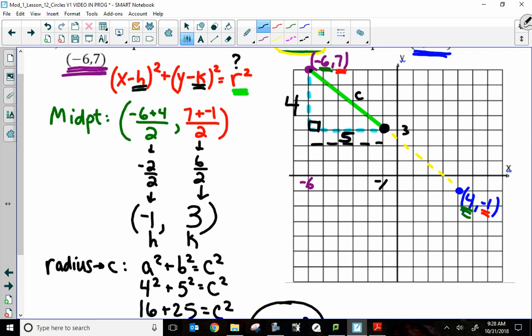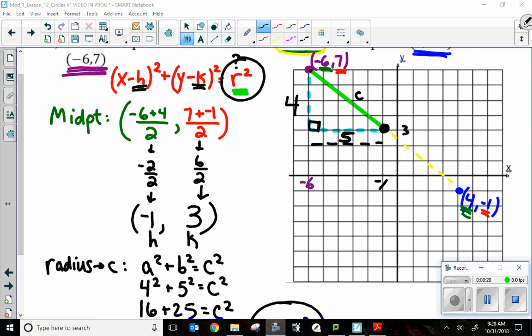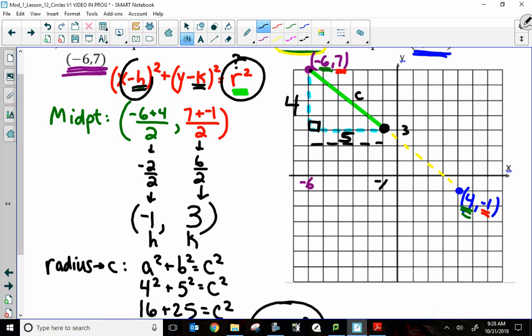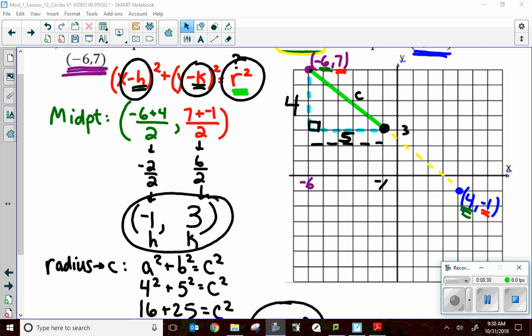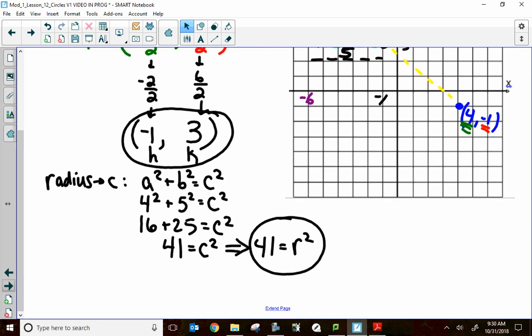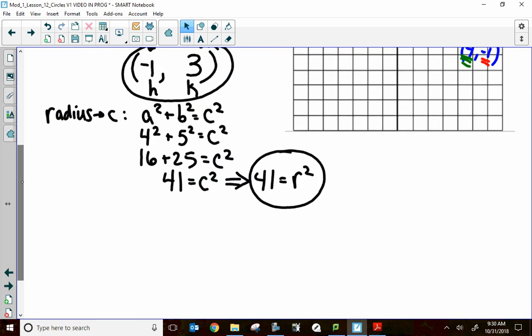That goes in for this. And I also have my h and my k, which will go in here. That's these values. So let's put those in the equation right now. First, I'm going to rewrite my equation and input these numbers.